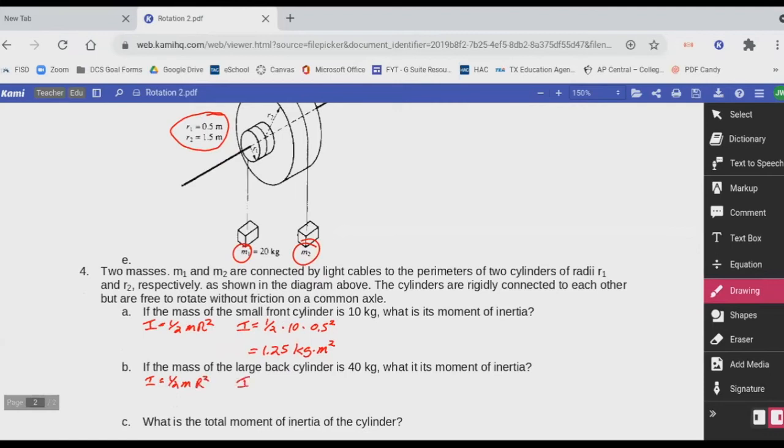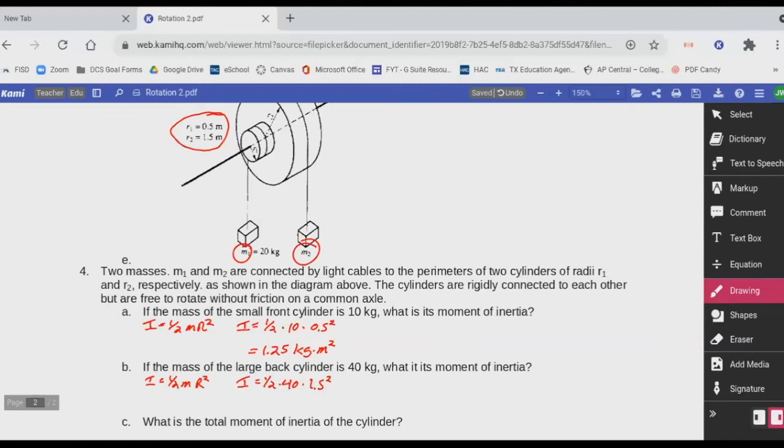So then I would equal 1/2 times the mass of 40 times the radius. They told us the radius was 1.5 squared. That radius is in the picture. That's what I got it from. We know the equation is 1/2 because a cylinder like this is most like a disc. In your notes, the disc, remember, it's not round like a sphere.